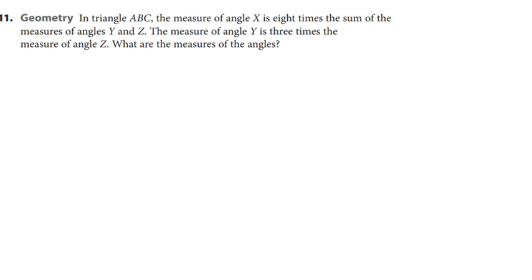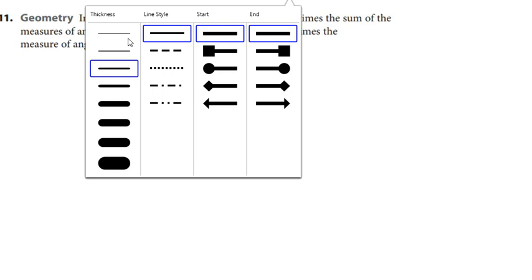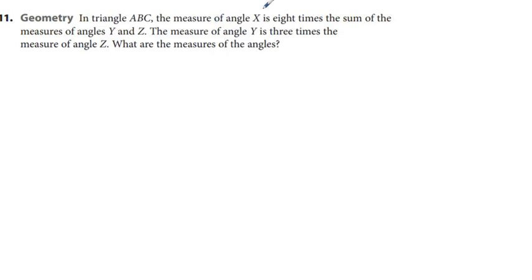There are certain words that mean things in algebra, one of which is "is." Is an equal sign. So the measure of angle x, we can write that as x is equal 8 times, I'm going to put in parentheses, it says the sum. And so when you say the sum of, you're putting the next 2 things in parentheses, of the measures of the angles y and z.